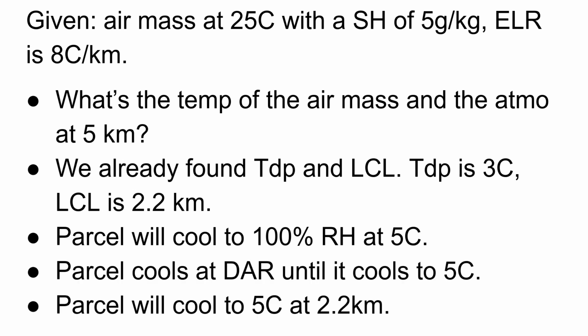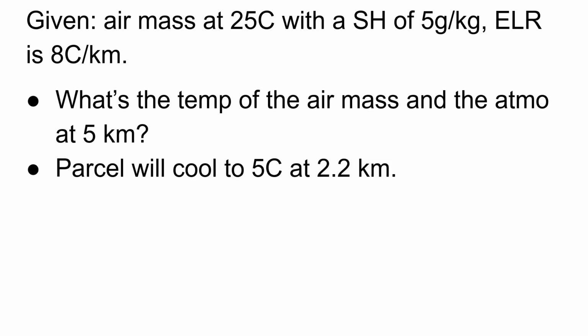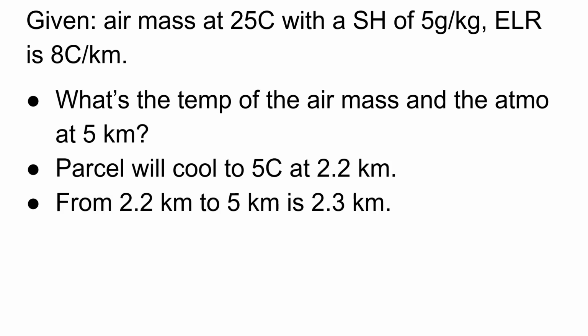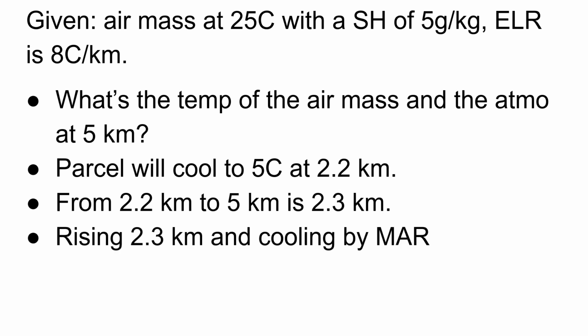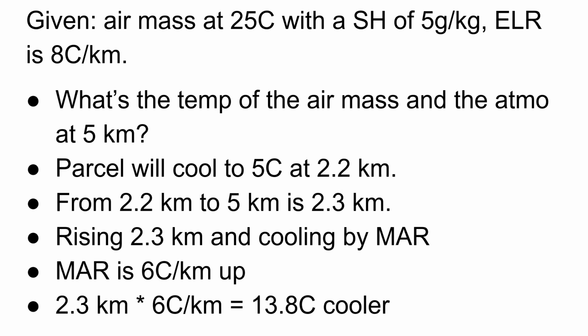So the parcel cools at the dry rate. It cools to 3 Celsius at 2.2 kilometers. From 2.2 to 5, it's going to keep rising, right? So that's another 2.3 kilometers it's going to go up. It's going to cool at the moist rate. The moist rate is 6 degrees, so we just multiply the rate times the distance, 2.3 kilometers times 6 degrees per kilometer.